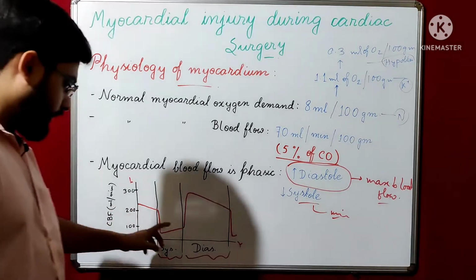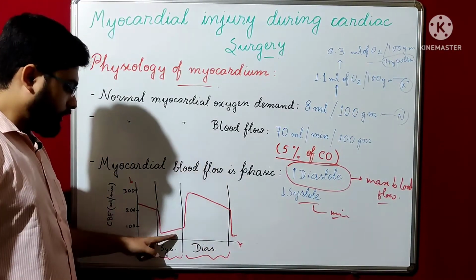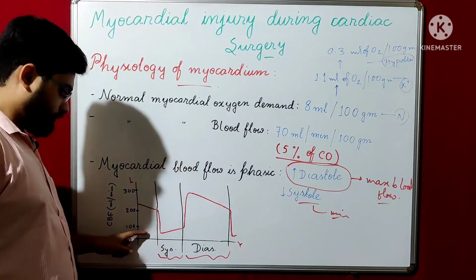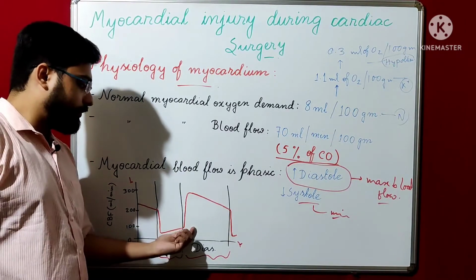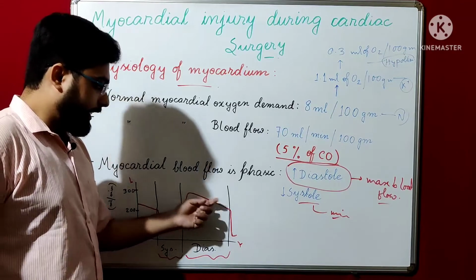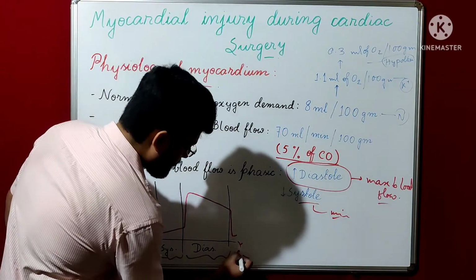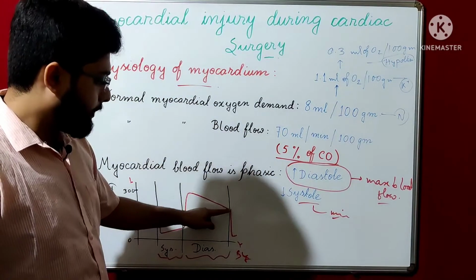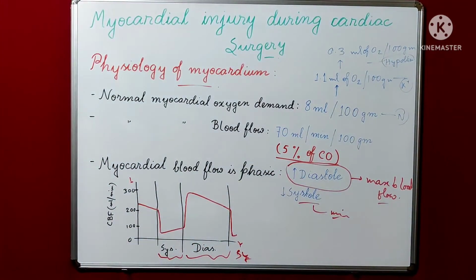So you can see during systole this is lower, and not only lower, it is very much minimum, and during diastole the coronary blood flow has gone upward, and again there will be systole, and with that the blood flow will again go downward. That means the blood flow again will be decreased. So this is the phasic pattern of myocardial blood flow.